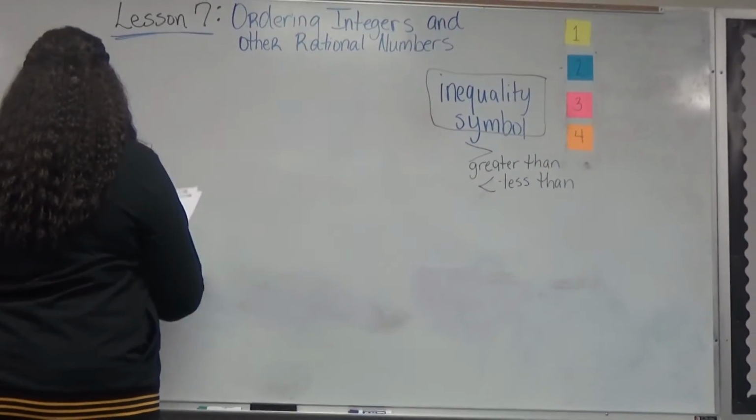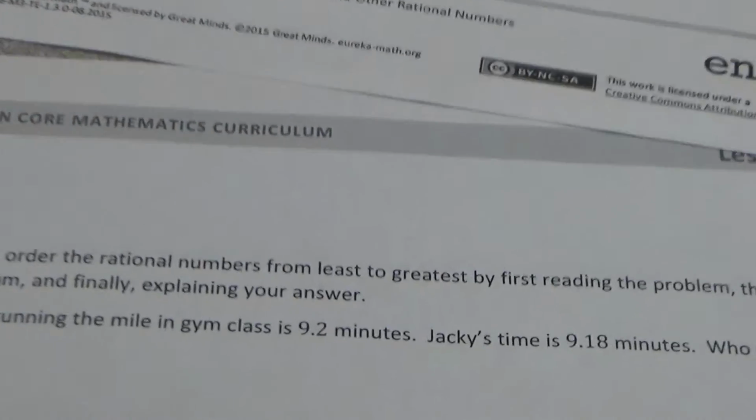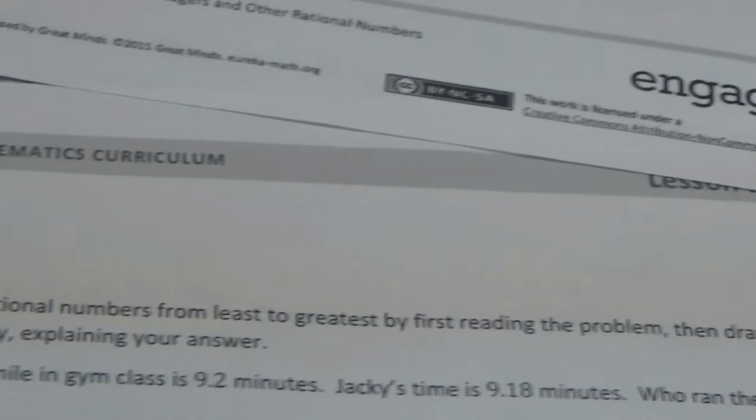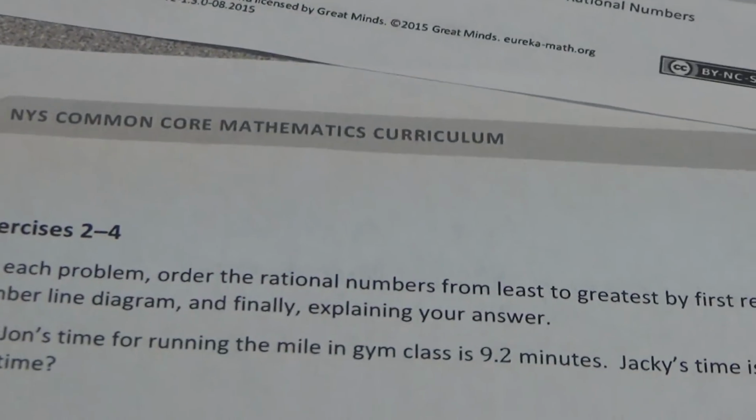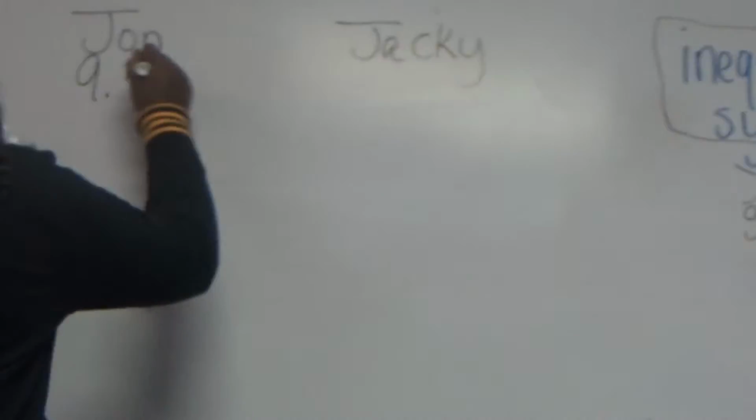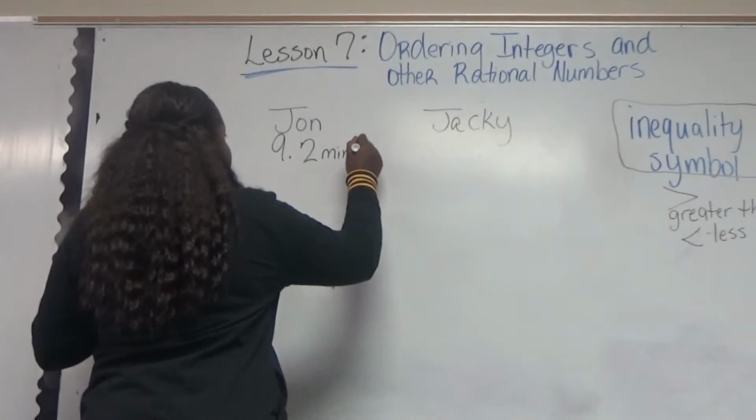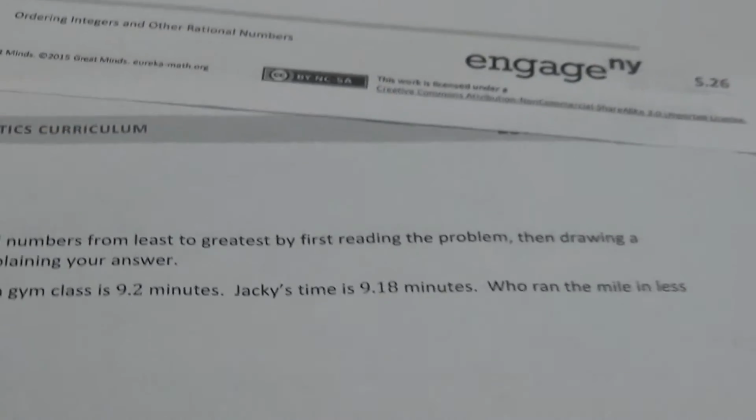What are our 2 numbers? Our first number is 9.2. And who ran that, John or Jackie? John. John ran his in 9.2 minutes. And Jackie ran hers in 9.18 minutes.